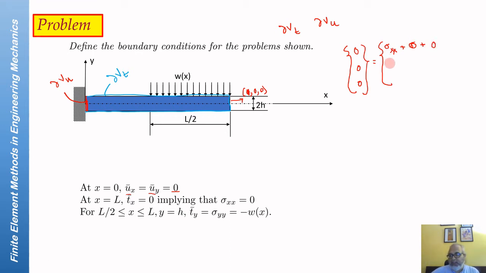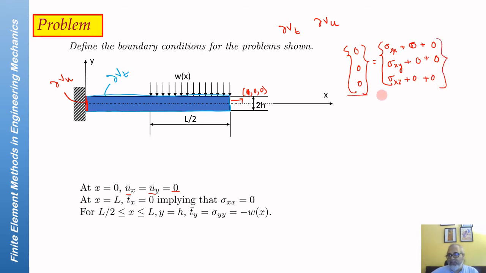Then you have sigma xy nx, which is sigma xy because nx is 1, plus sigma yy ny, and similarly sigma xz here, plus 0, 0.